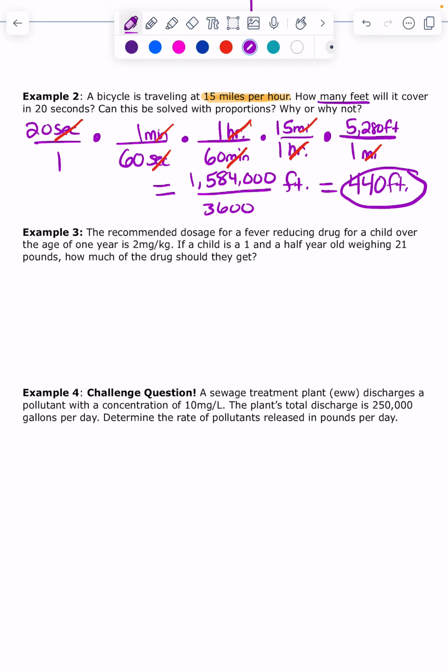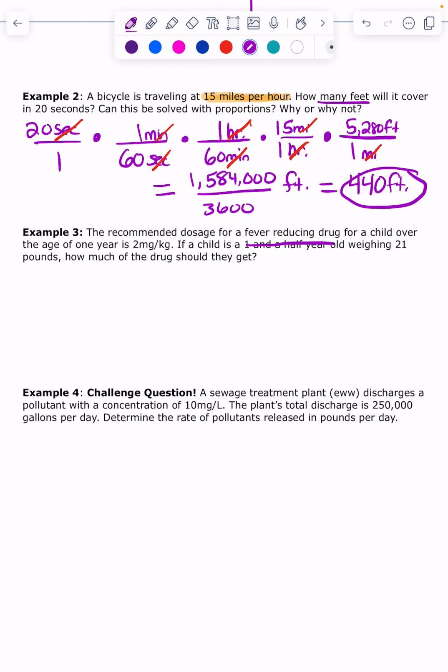All right, next example. The recommended dosage for a fever-reducing drug for a child over the age of 1 year is 2 milligrams per kilogram. If the child is 1.5-year-old weighing 21 pounds, how much of the drug should they get? So the 1.5-year-old part has nothing to do with this question.